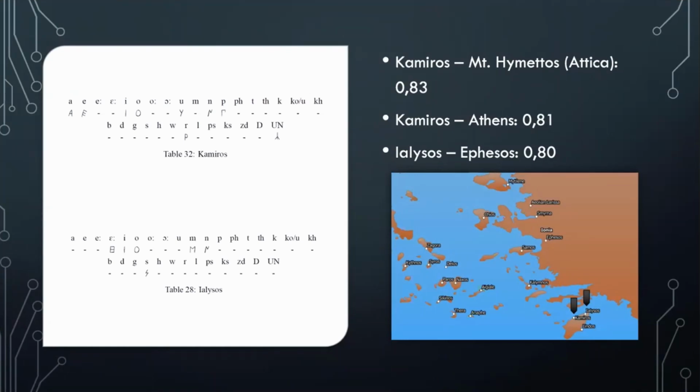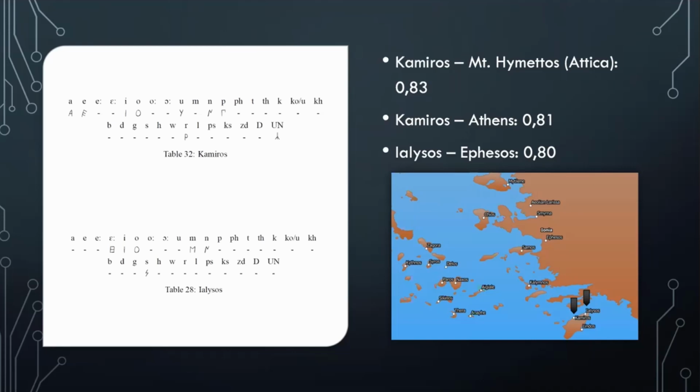As you can see, I could only record a few graphematic relationships that could be reconstructed from the inscriptions found there. And it's probably the eta in Ialisos that brings it closer to Ephesus. However, Camilos could well be in the same cluster if only we had evidence of how they notate their mid-open long vowel.